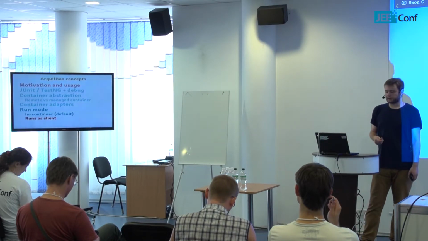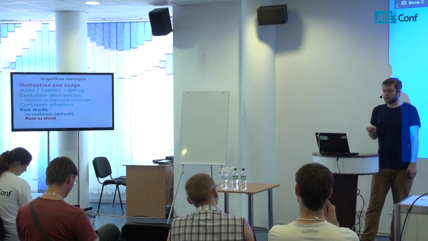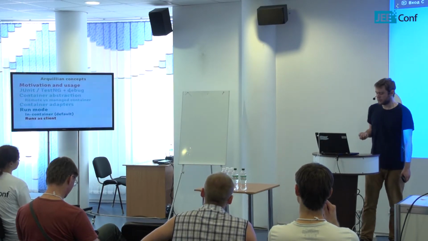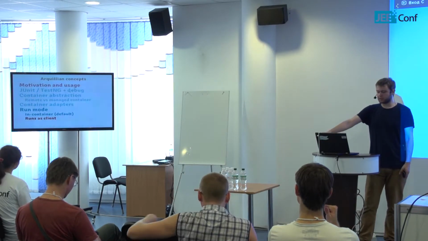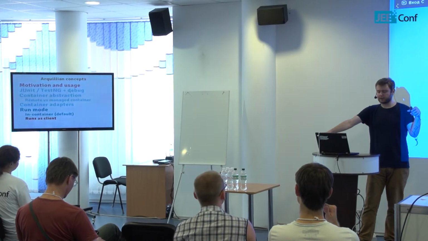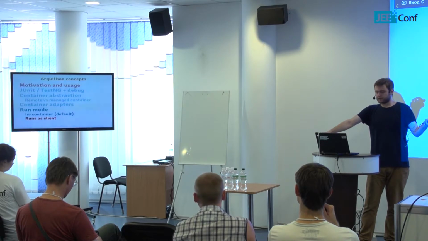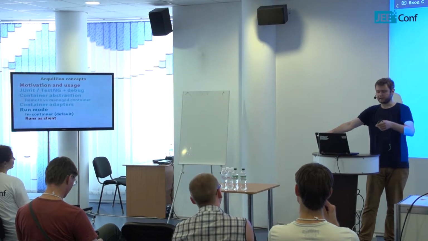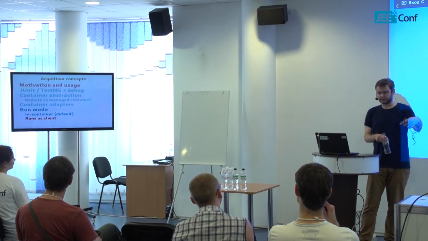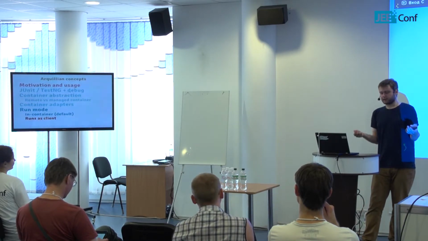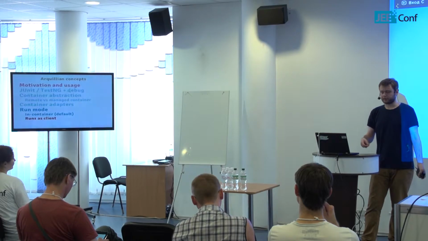You can run your tests in two modes. It is container mode and client mode. Container mode is a mode in which your JUnit test actually runs in the context of the JVM of the target container. So for example, when you have a JBoss container and you have a test, you deploy that war to that container and the tests are executed in the context of that container, and the results are sent back via network to the test runner.